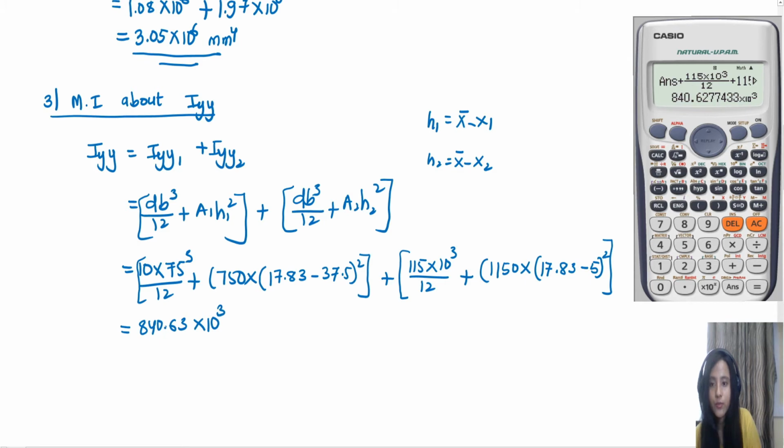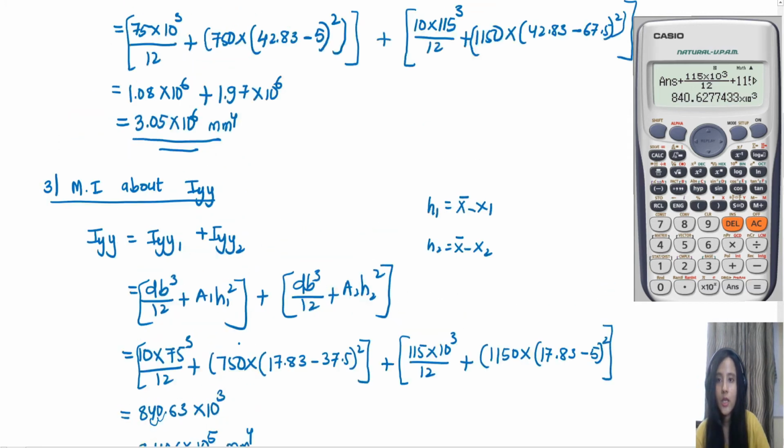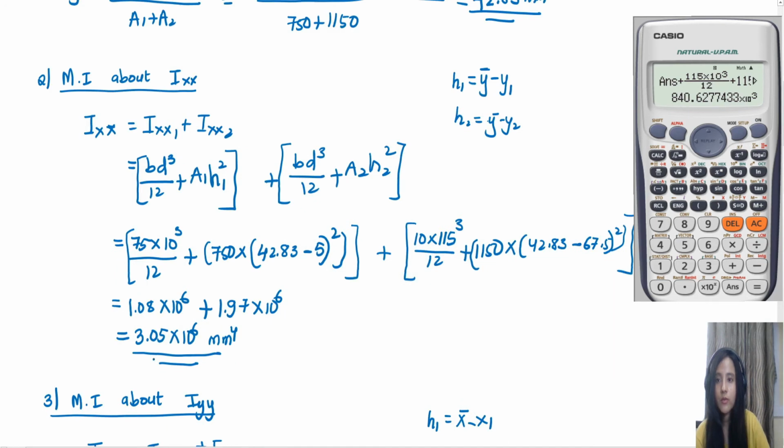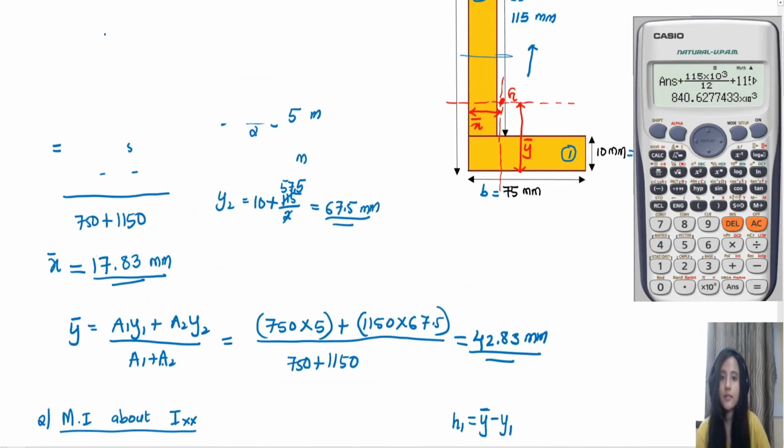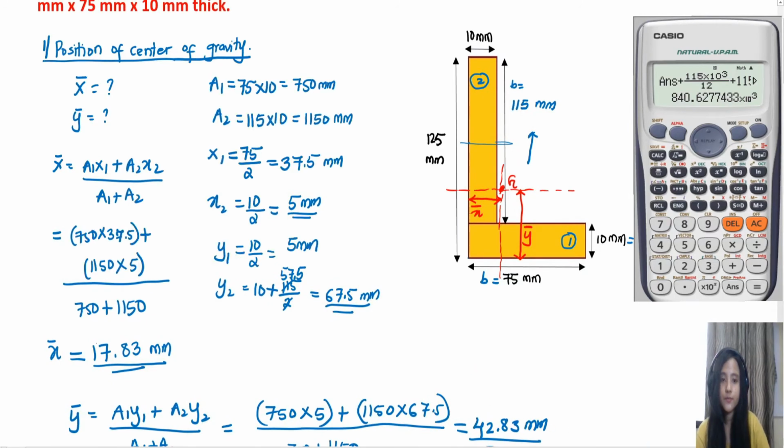So if I move this decimal point here, it will be coming equal to 8.406 into 10 raised to power 5 mm raised to power 4, since I have gone 2 decimal places. So this is my moment of inertia about Iyy, and here I have moment of inertia about Ixx, and these are my centroids. I hope this numerical is clear.